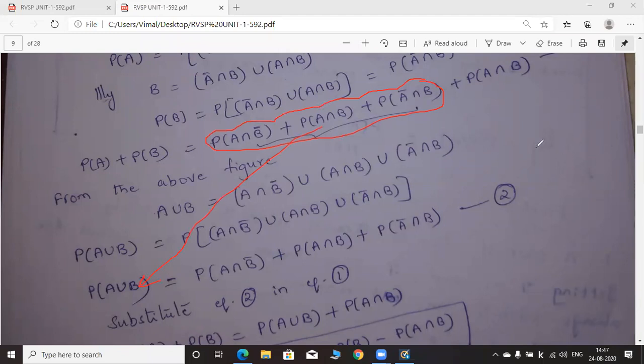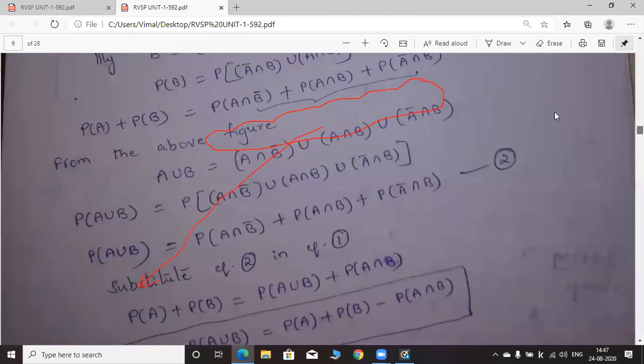So on the left hand side we have P of A plus P of B. On the right hand side, this entire combination of three terms can be written as P of A union B plus P of A intersection B. Okay, that is what is written below.